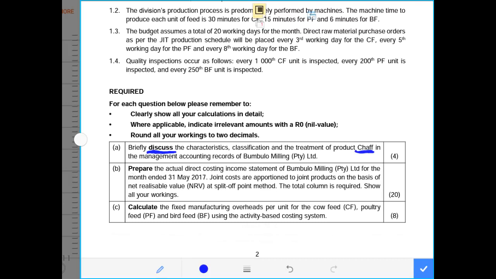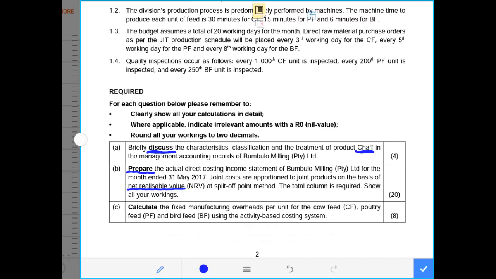Number B, we are to prepare the actual direct costing income statement of BUMBULO Miling PTY LTD for the month ended 31st of May 2017. Joint costs are apportioned to joint products on the basis of the net realizable value method, which is NRV, where we say sales value minus further processing cost.